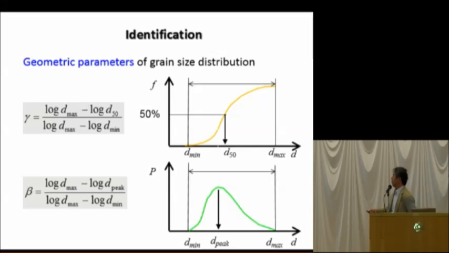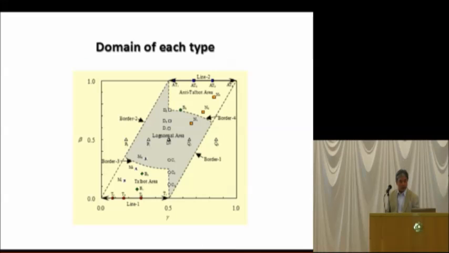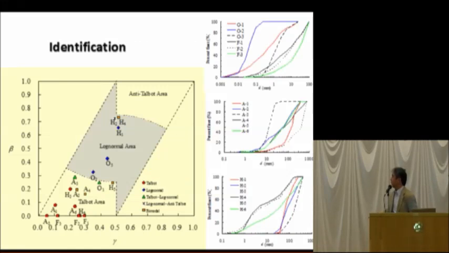Gamma is the position of D50 between the D minimum and D max. And beta is the position of the D peak between the D minimum and D max. Using these parameters, we can identify the type. I will show you only the result.